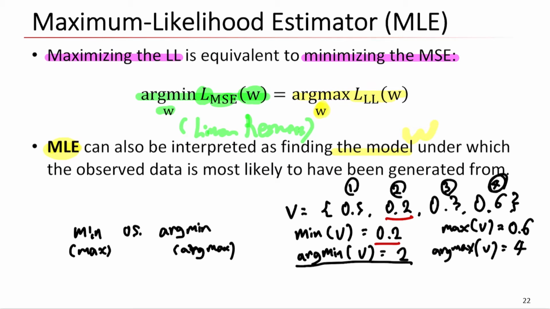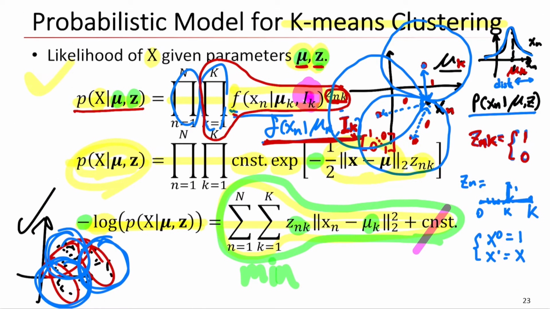So here there is an equivalence. Similarly, we can define our k-means clustering loss in terms of the probabilistic model, something like that.